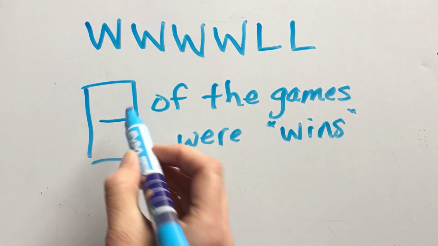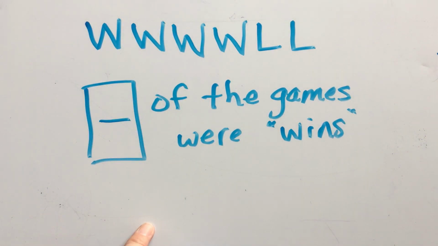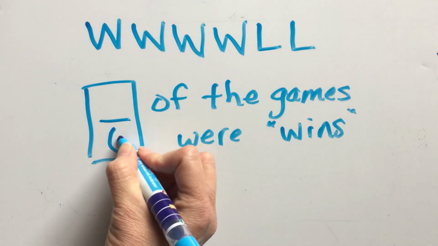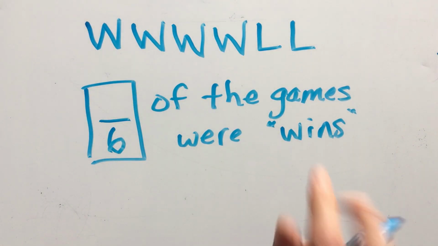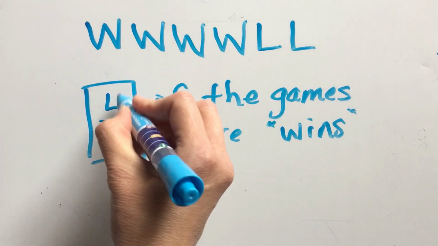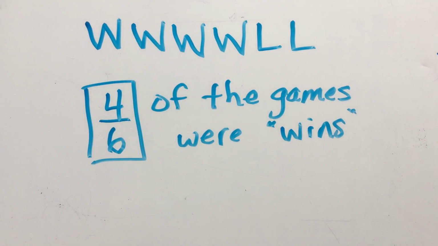Well, in order to write this fraction, I have to find out how many I have in total. 1, 2, 3, 4, 5, 6. They played 6 games in total. How many of the games were wins? 1, 2, 3, 4. 4/6 of the games were wins.